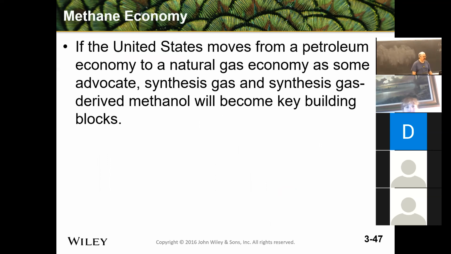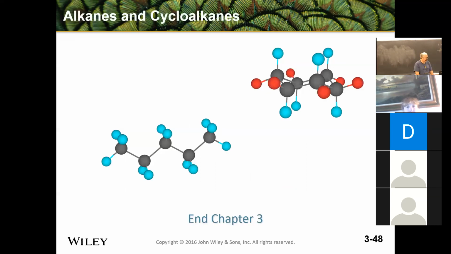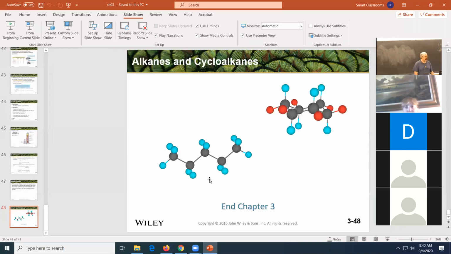In the United States, if the country moves from a petroleum economy to a natural gas economy, as some advocate, synthesis gas and synthesis gas-derived methanol will become key building blocks. So that's it for chapter 3. We're going to get started on chapter 4 next.